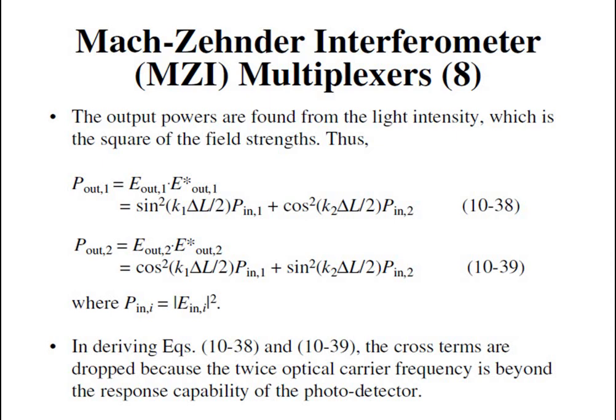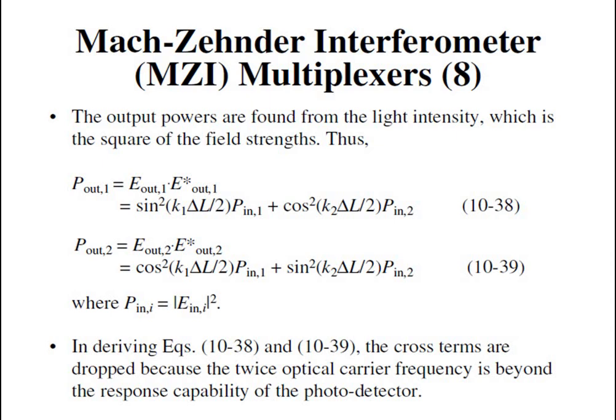Why? Because their frequency, which is twice the optical carrier frequency, is beyond the response capability of the photodetector. Okay, because the frequency becomes more than the response capability of the photodetector.